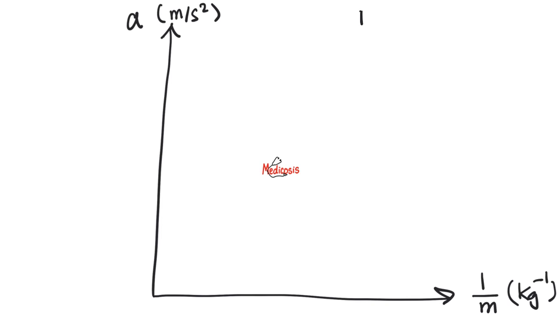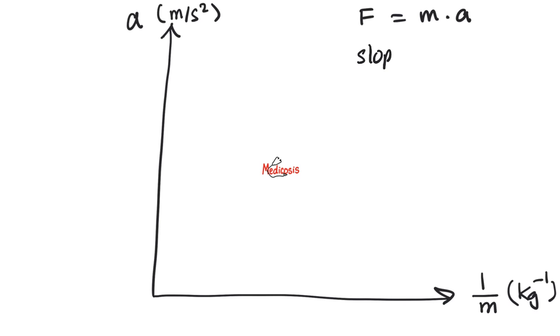Okay, first, remember that force equals mass times acceleration, which means the relation between mass and acceleration is inverse at a given force. So as mass goes up, acceleration goes down, and vice versa. Okay, the slope is what? Well, any slope is delta y over delta x, whatever is happening on the y-axis over whatever is happening on the x-axis.